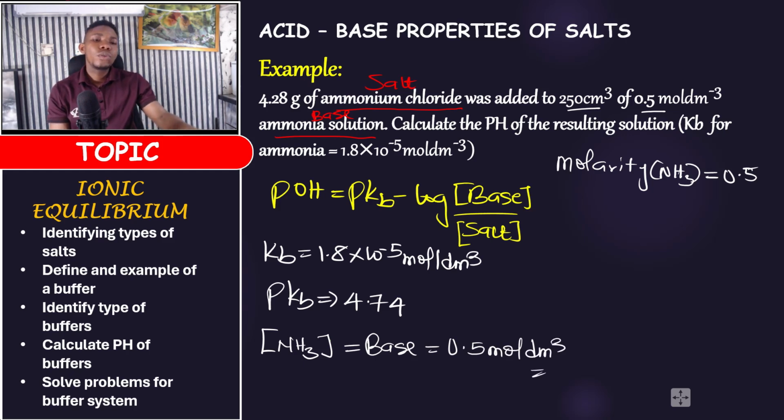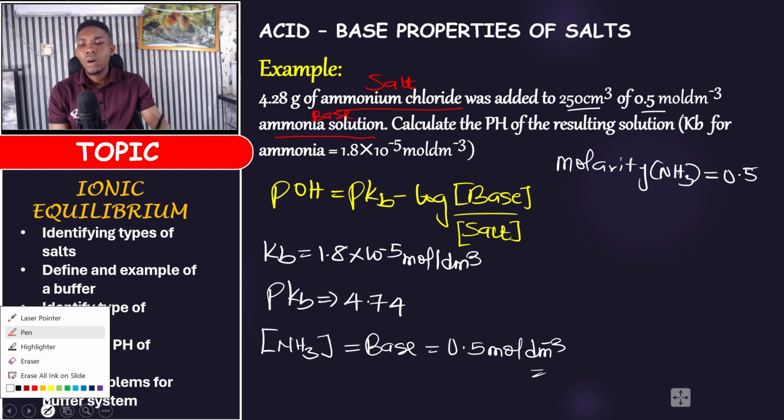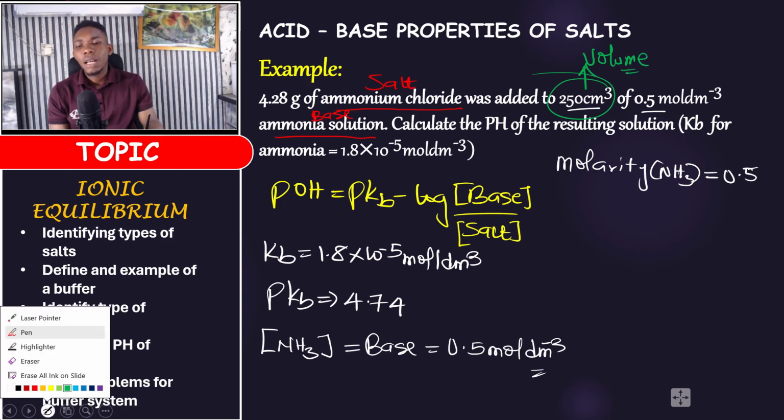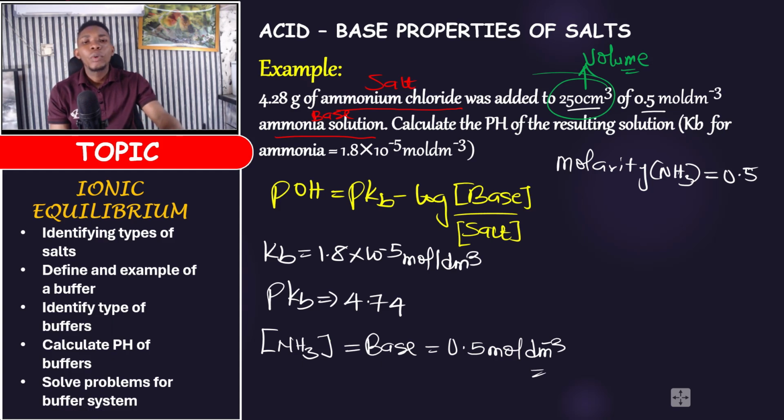Now we can also use this volume you have here to solve for the concentration of ammonium chloride. This is the volume, because apparently this is the volume of the buffer. So let us calculate the concentration of ammonium chloride. Now, this is 4.28 gram. How do we calculate concentration?